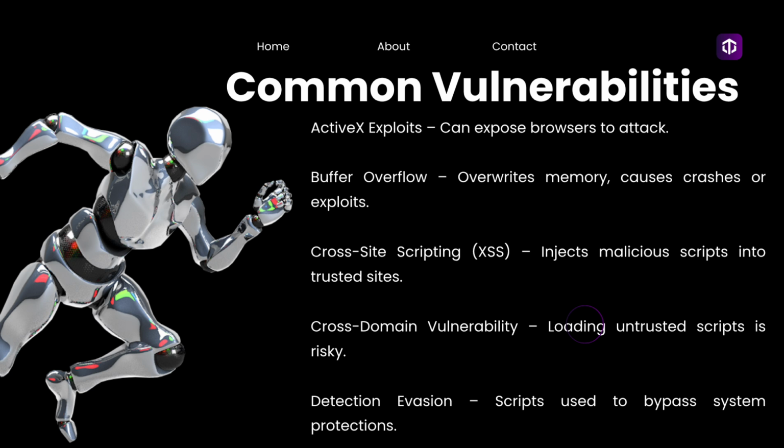Cross-site scripting is when attackers inject malicious code into trusted websites. Then we have cross-domain attacks. It is like loading unsafe scripts from other websites, and it is quite risky. Then there is detection evasion, where hackers use scripts to hide their activity. So yeah, our browsers face a lot more danger than we realize.